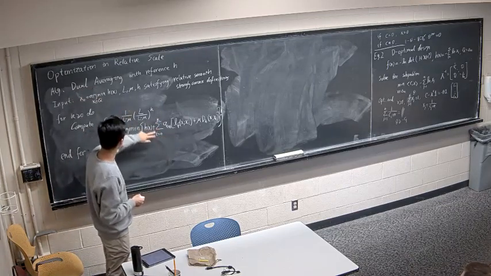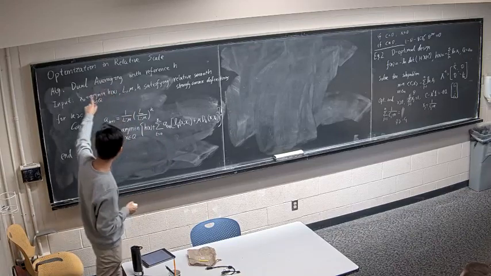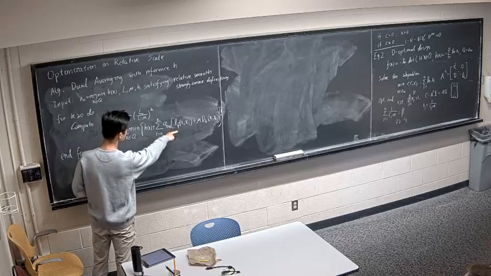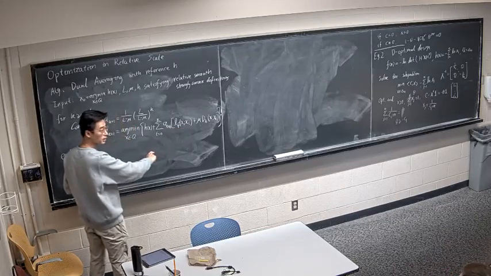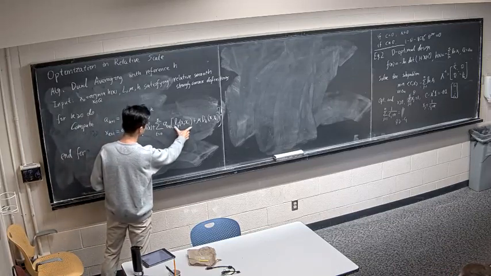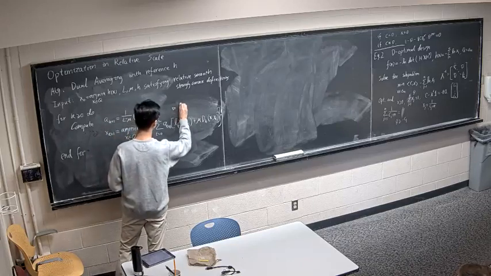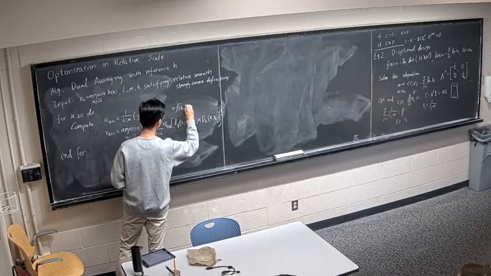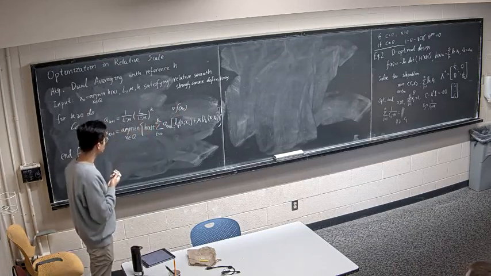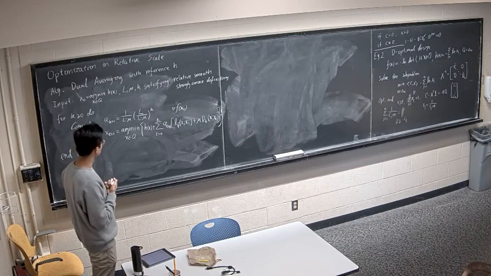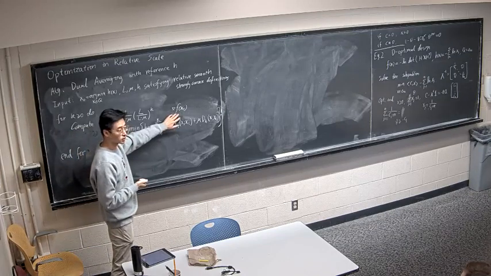Averaging comes from here, and dual comes from the fact that here we are averaging the gradient. What's important in this linearization is the gradient of f at the point xi. And if you remember from the lecture on mirror descent, we interpret this as the dual variable, right?